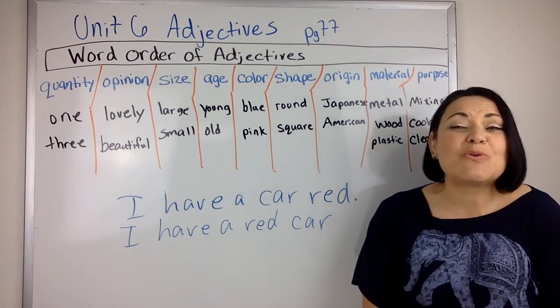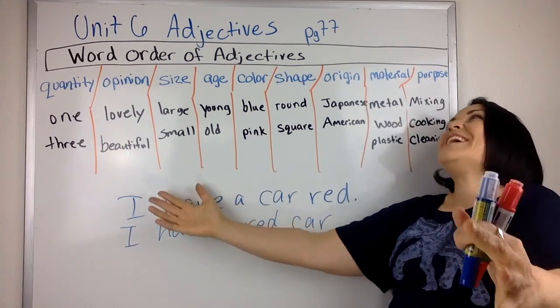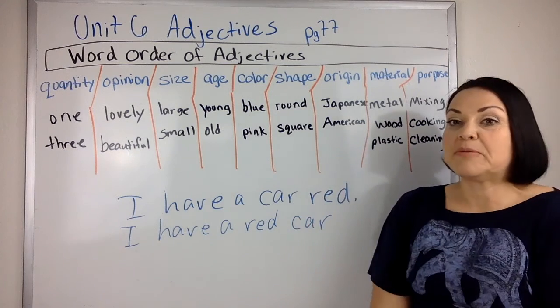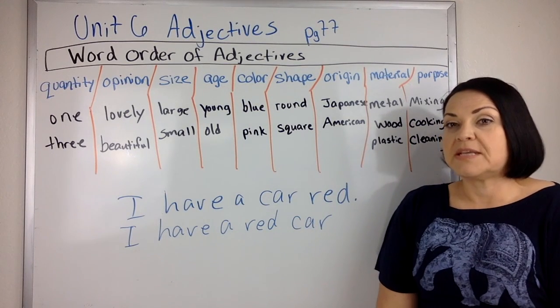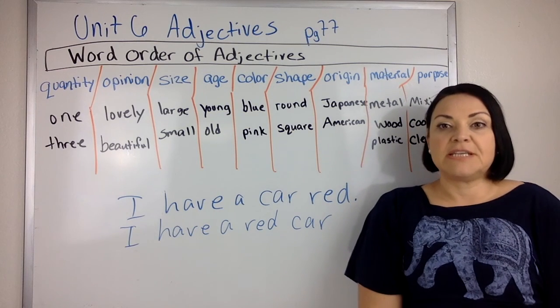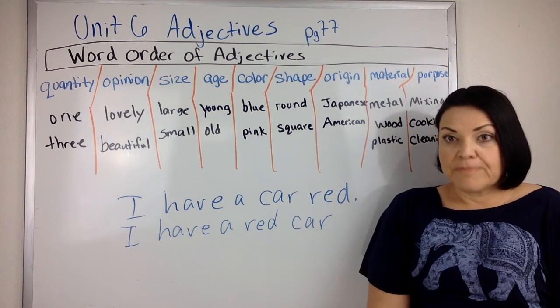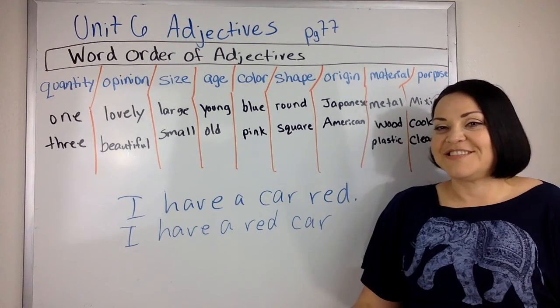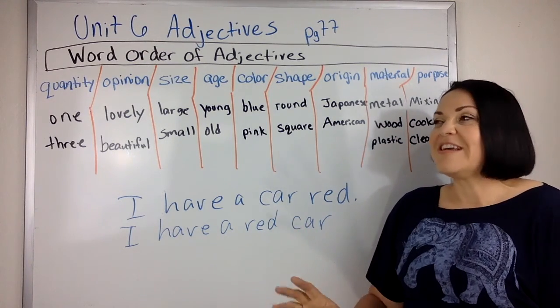There's so many adjectives. So you might want to write this example down somewhere to take notes to get an idea. You can use more than one adjective to describe a noun, but there's an order to the adjectives. So this is the order.